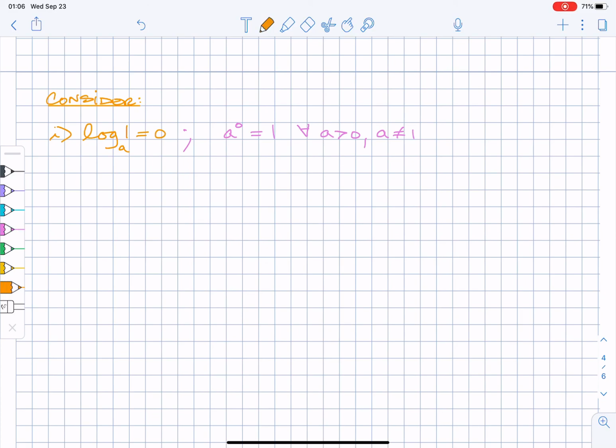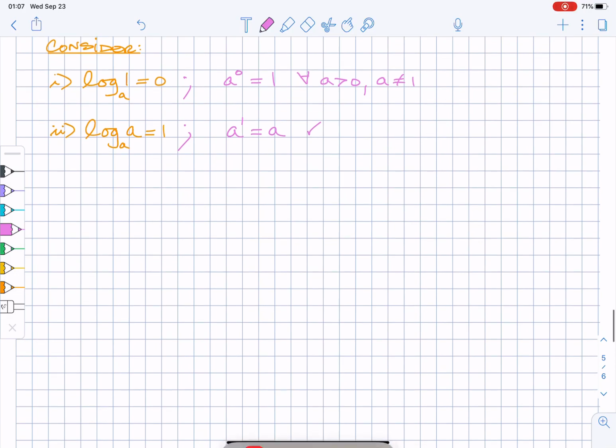Okay. What about log base a of a? I claim that that's equal to 1. Is base a raised to the first power equal to a? Yes, it is. Check mark. Okay, that's good to know. Number 3, let's say I have log base a of a to the n.